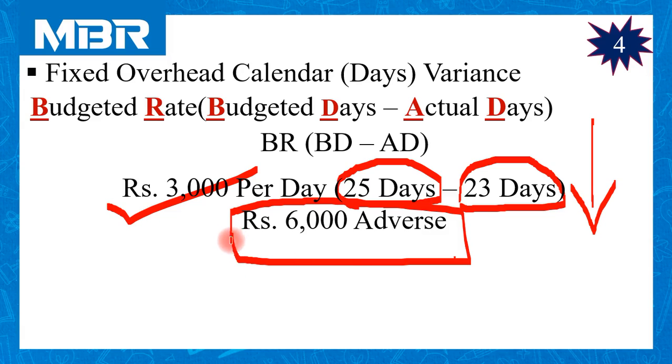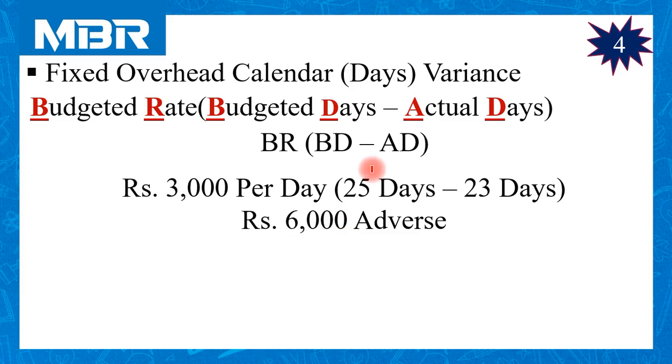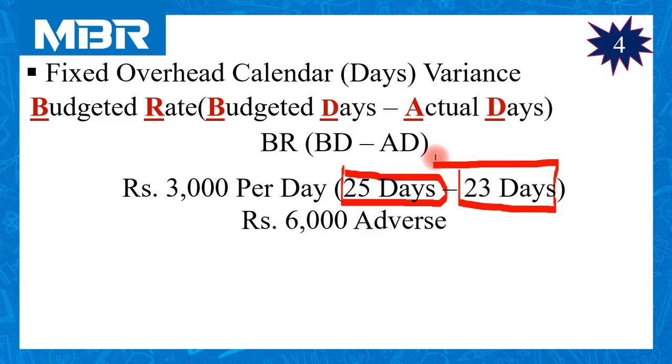Again, I would like to remind you that it is a fixed expenditure, and this fixed expenditure is paid by the company for the period of 25 days. It means we need to pay the same amount for 25 days. But for the same amount, our employees were working for 23 days.